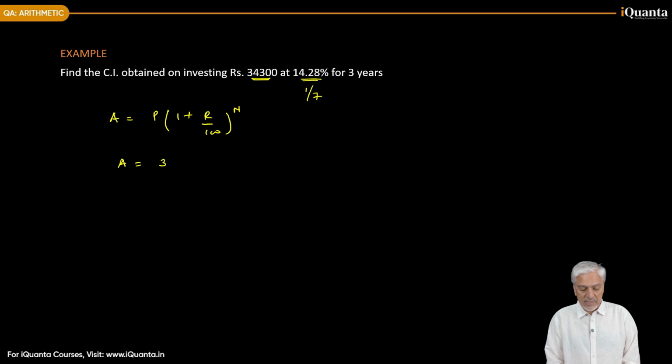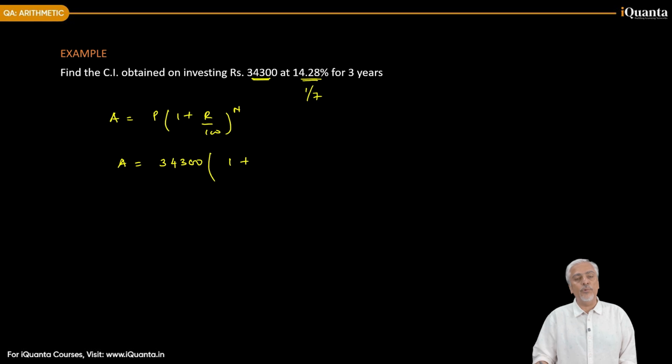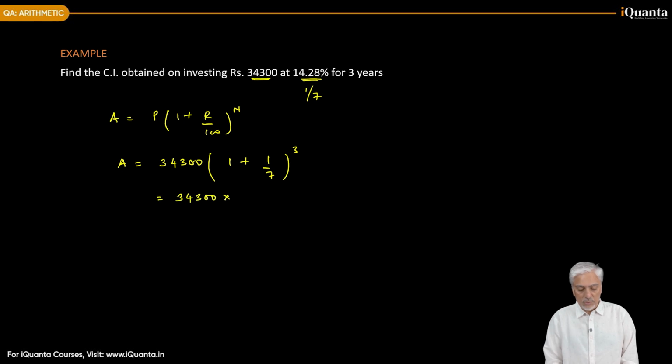Amount you want to find. Principal is 34300 into 1 plus R upon 100. So 14.28 upon 100, which will become 1 by 7, raised to 3. 1 plus 1 by 7 will become 8 by 7. So 34300 into 8 by 7 into 8 by 7 into 8 by 7.